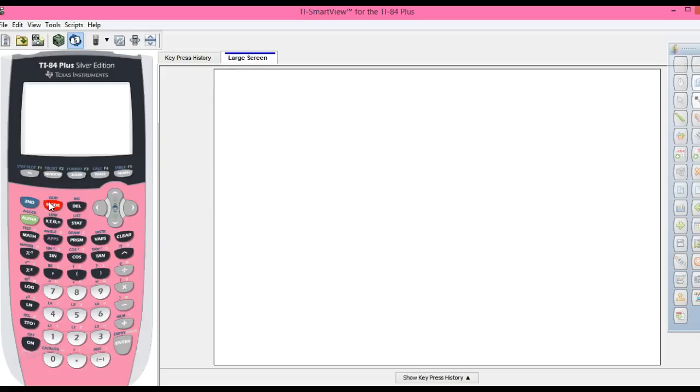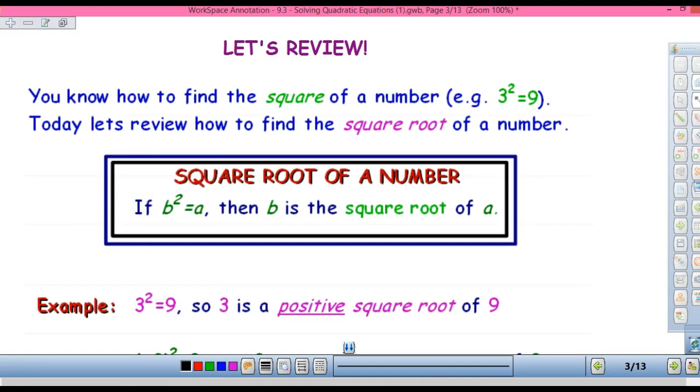It's above that x squared button. So we've got to hit second, square root, and if we take the square root of 81, we get 9.